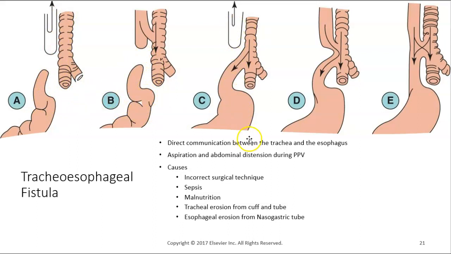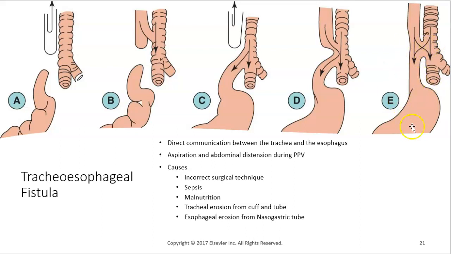C as well. Actually, A, B, C, and D are all congenital ones. E is where this is happening by a hole that's been worn through. So here's your esophagus, here's your trachea. There's that direct communication happening between the two of them.